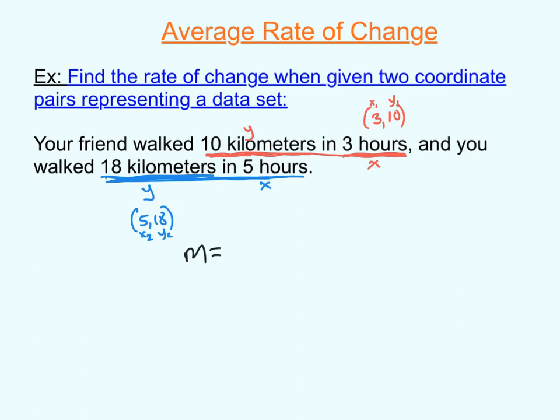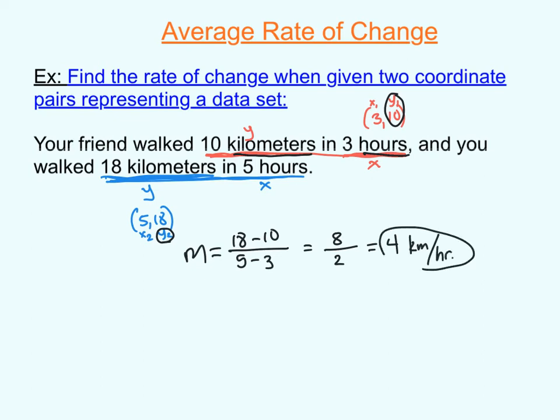So m is equal to 18 minus 10. Remember, I start with rise, I start with y, over 5 minus 3. Well, then that's 8 over 2, which is 4. All right, so the rate of change is 4, and then think about our labels. y was kilometers, x was hours. So the average rate of change is 4 kilometers per hour.